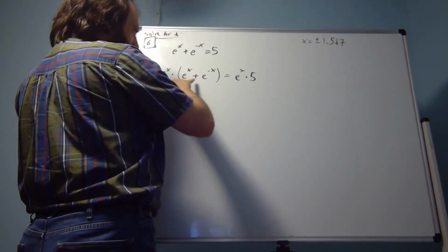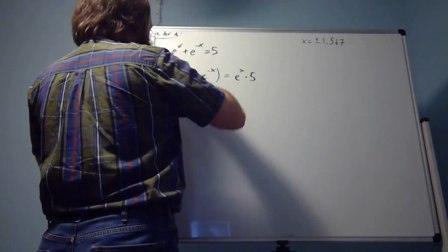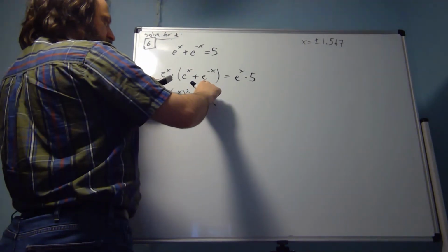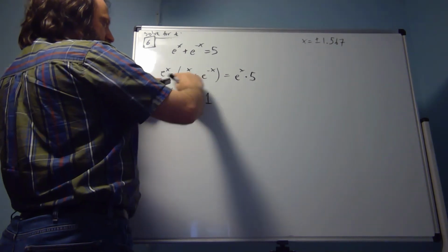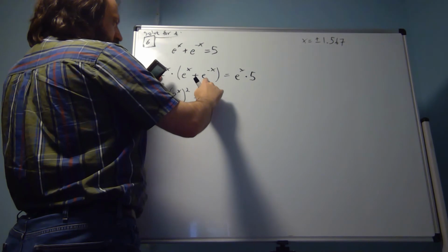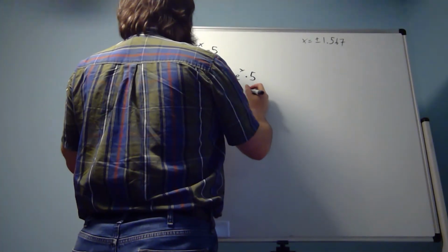The whole point is it's kind of like a quadratic, but e to the x times e to the minus x is just 1, because you add the exponents to get e to the 0, which is 1, or you just think of it as a number times its reciprocal, and then 5 e to the x.